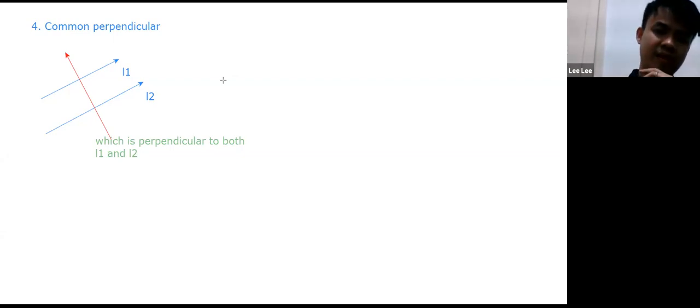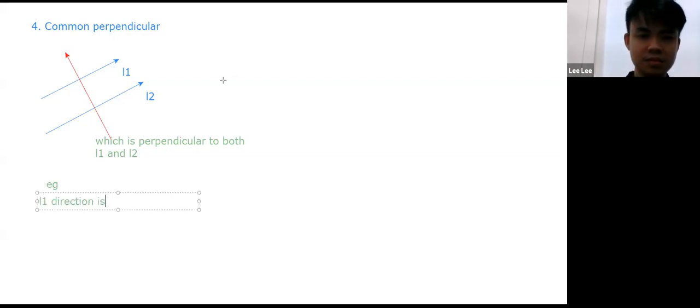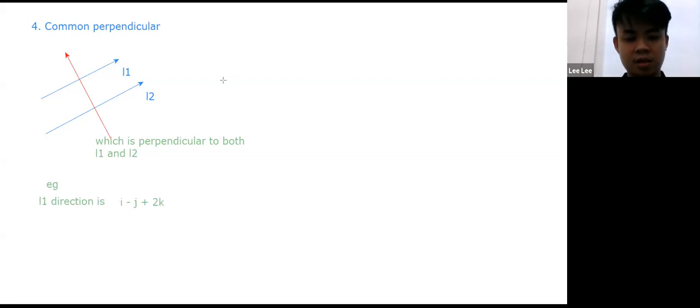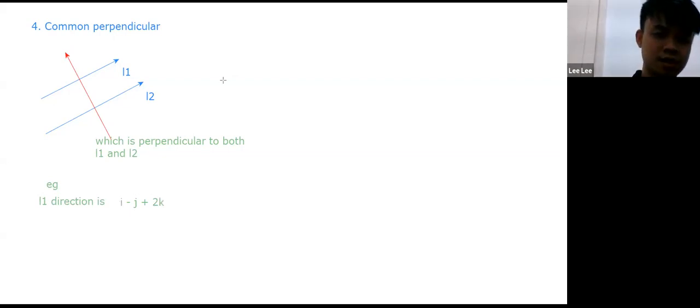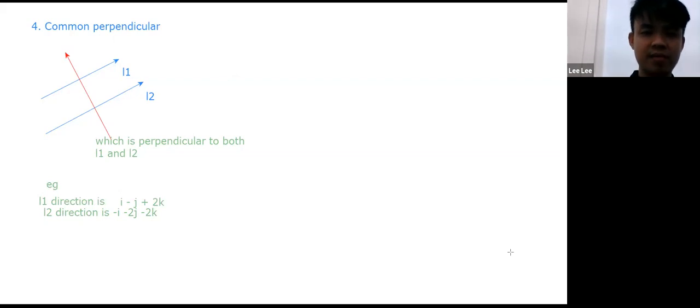The way to do common perpendicular, for example, say the L1 direction is i minus j plus 2k, and the L2 direction is negative i minus 2j minus 2k. To find the common perpendicular, first write down the vectors you are solving.